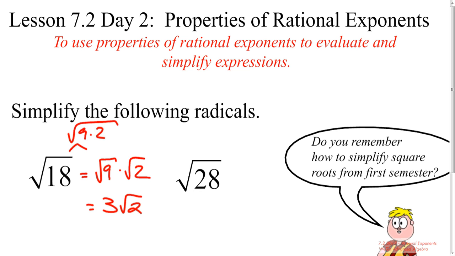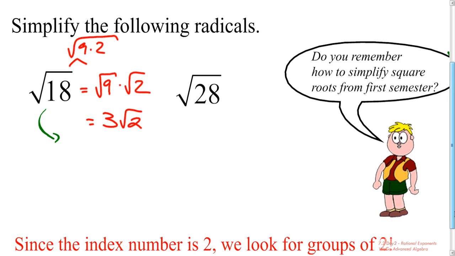Some of you may want to write it down like this, and there's some utility to doing it this way. Let me scroll down just a notch. You'd say, okay, well, 18 is 3 times 6, and then this breaks down into 3 times 2, so this is really 3 squared times 2.